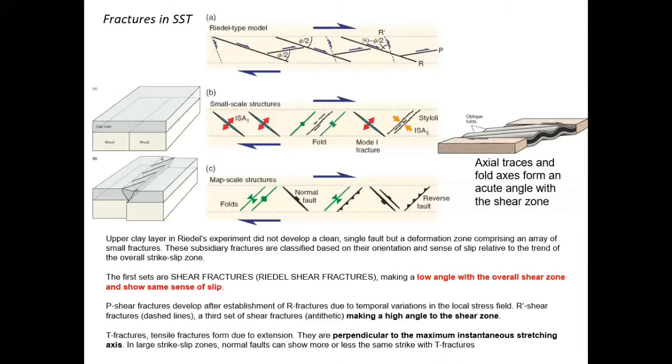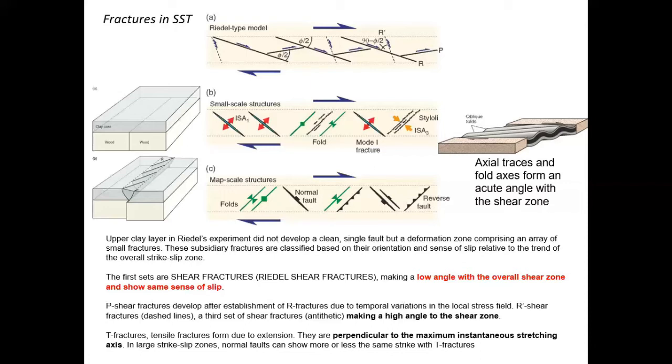They will have same sense of slip, and second order or secondary redoubt shear fractures will be at a much larger angle to the main strike-slip structure. There will be a steep angle between secondary redoubt shear structures and main strike-slip strike. And also secondary redoubt shear fractures will have opposite sense of slip to the main strike-slip fault zone.